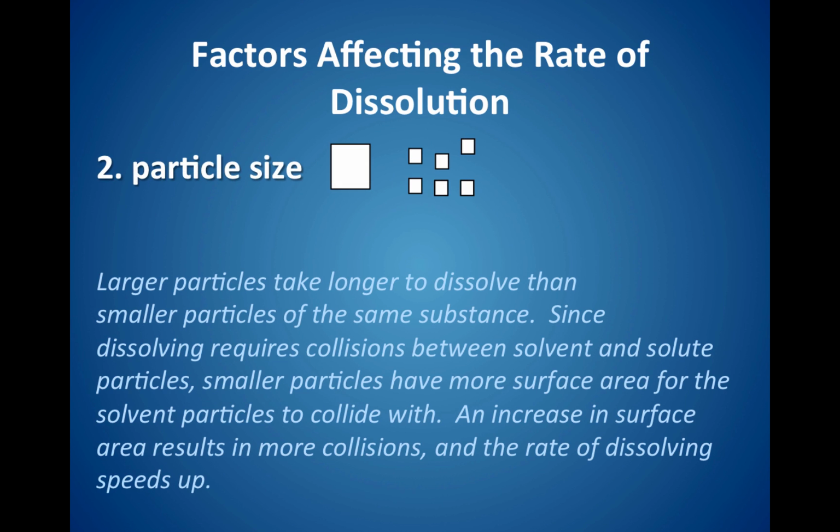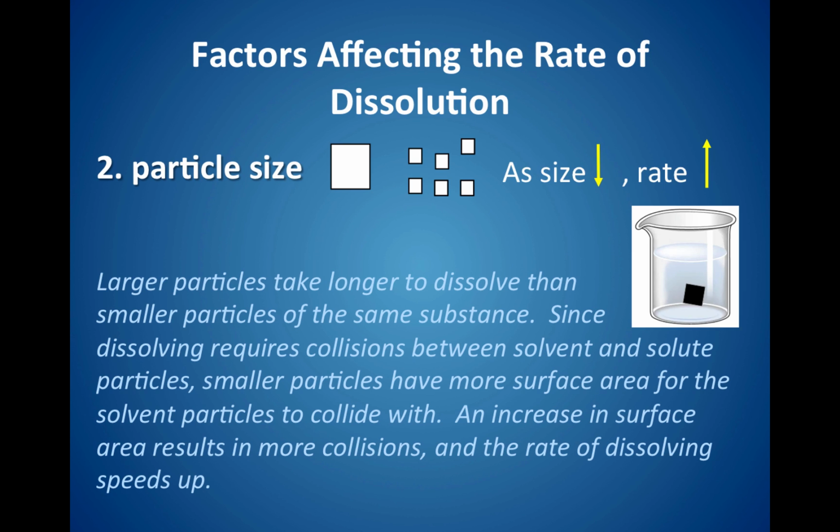Number 2, particle size. As the size of the particle decreases, the rate at which it dissolves increases. Large particles take longer to dissolve than smaller particles of the same substance.